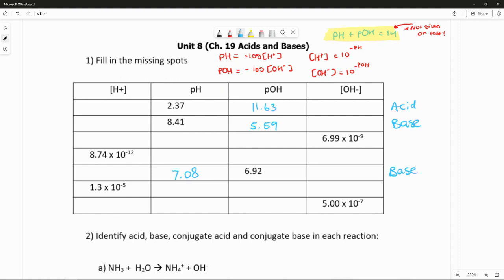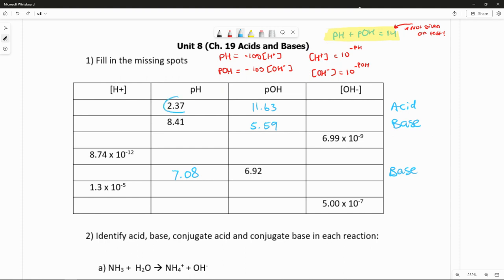Now, figuring out the concentration of H plus is very simple. All we got to use is this equation. So if you're given pH and you're solving for H plus, we can use this equation here. Same for solving for the concentration of OH when you're given the pOH as well. All right.